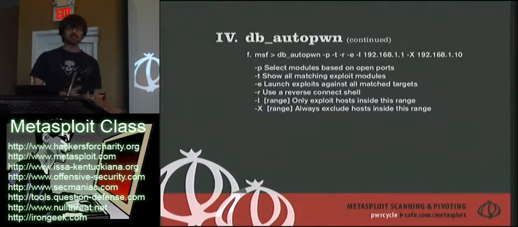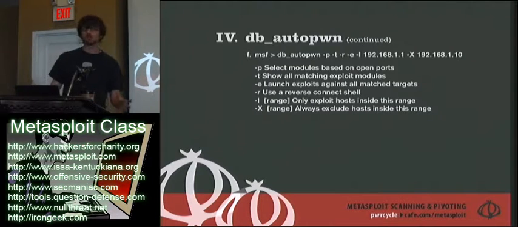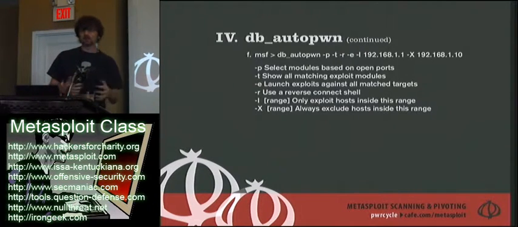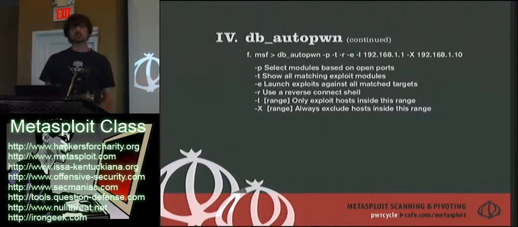The idea behind db_autopwn and behind Metasploit is that it's a framework. In the context of the framework, all of the exploits are loaded in there, and you, as a dumb script kiddie, just run it. You don't really have to think about what vulnerabilities are open. If you scan and then you run against it, that's all it is. You don't have to know how to get in the box.